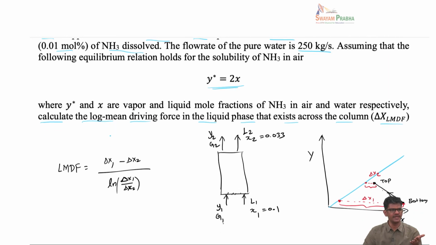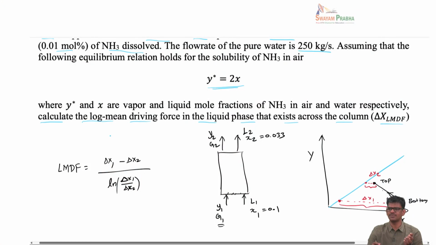Volumetric flow rate, temperature and pressure are given. You can use the ideal gas law, you know the average molecular weight, you can know the density, and then from there you can get G1, just similar to what we did in the first problem.